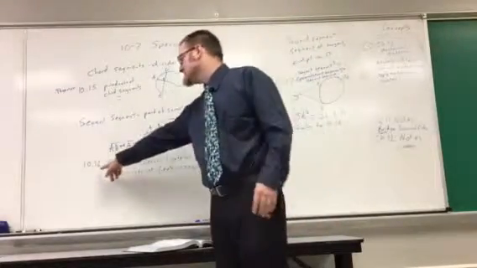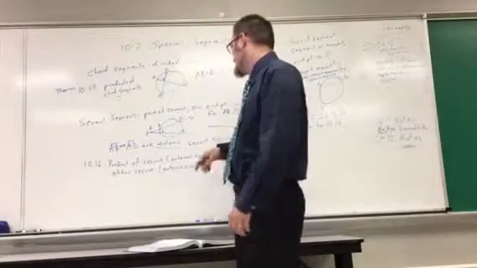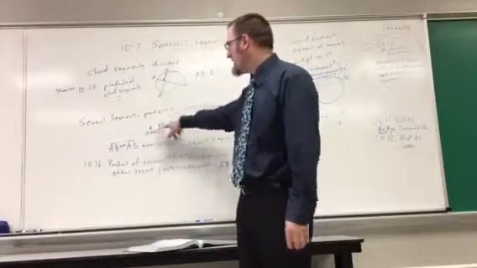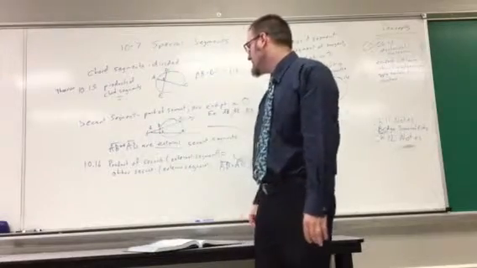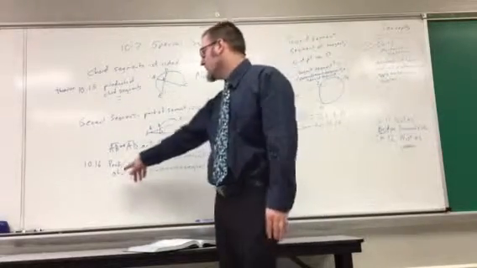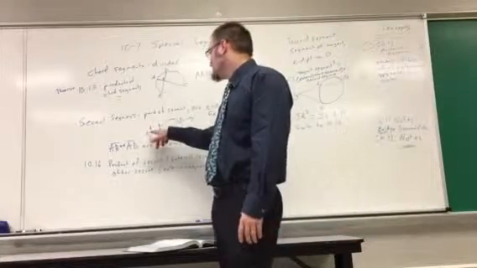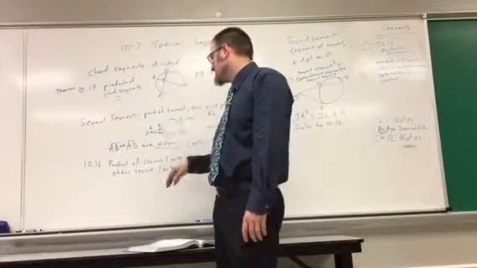In 10.16, the product of a secant times its external segment. So we have this secant segment here, AC, and we multiply it by the external segment, which is AB, and that will be equal to our secant that intersects it, this ADE one here, times its external segment.